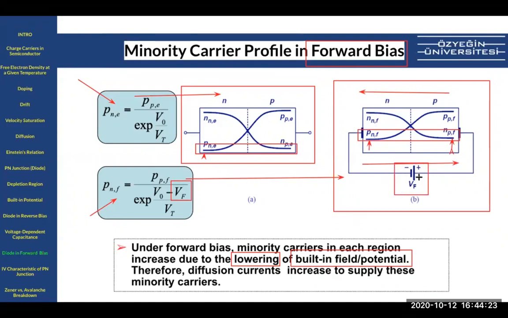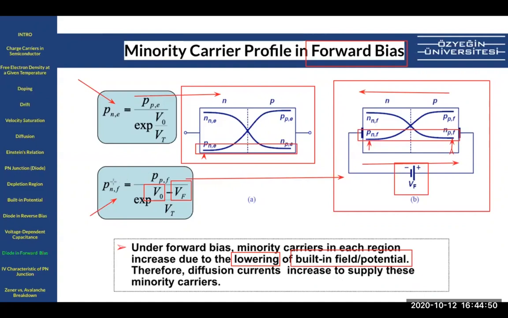So the more you increase your bias voltage towards the built-in potential, the more you let diffusion happen, right? If you make this VF equal to V0, the built-in potential, this will be exponential power 0, which equals 1, right?